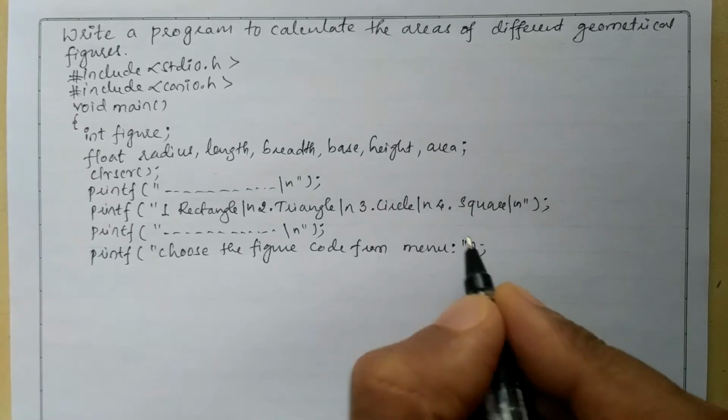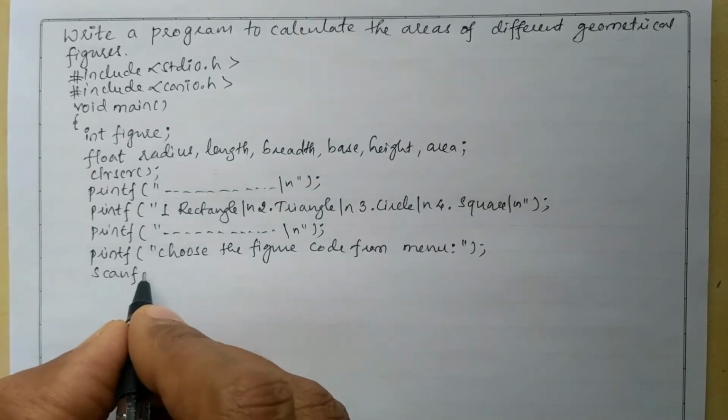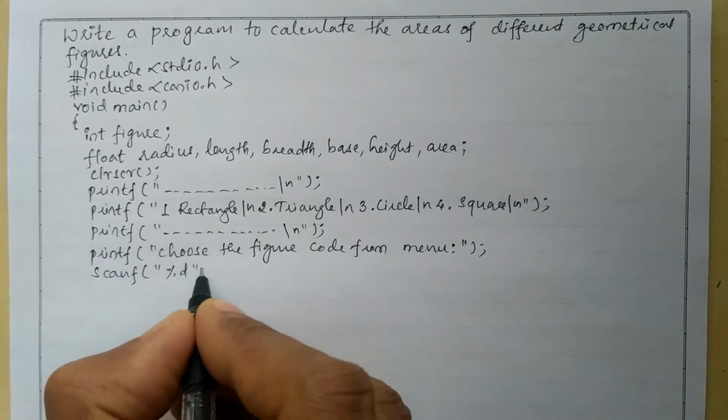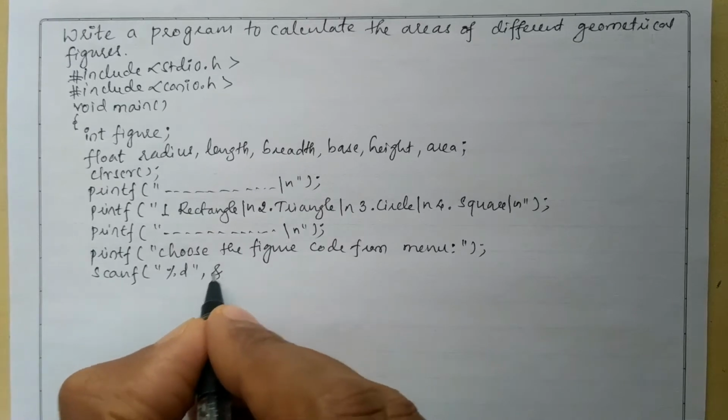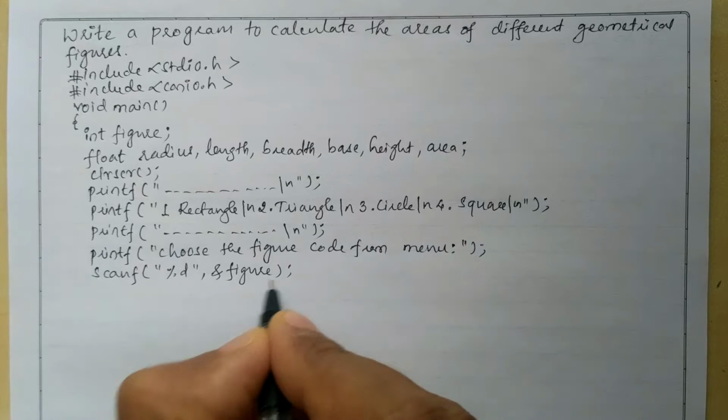So end the double quotation mark and put semicolon, and we are going to receive the response from the user through keyboard using scanf statement. And here I am going to write %d, end the double quotation mark, put comma, ampersand, and here we are going to take the variable figure and put semicolon.